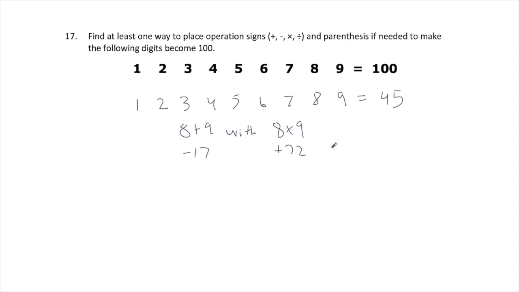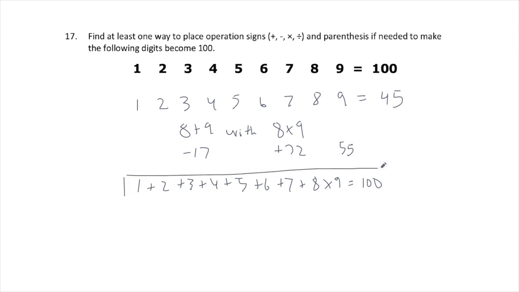That would cause a total increase of 55, which happens to be the amount that we needed to get to 100. So 1 plus 2 plus 3 plus 4 plus 5 plus 6 plus 7 plus 8 times 9 is equal to 100. This is one of our possible answers.